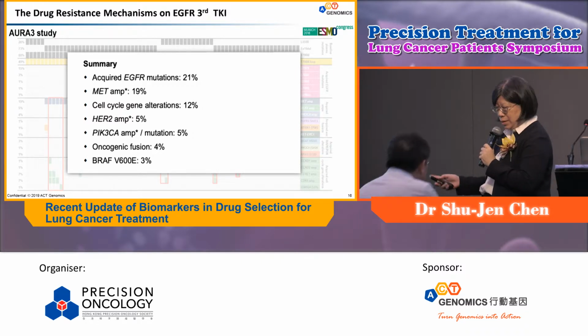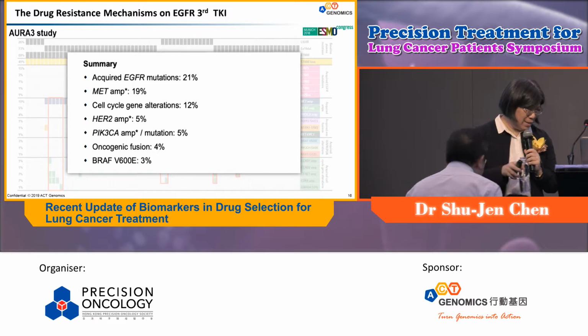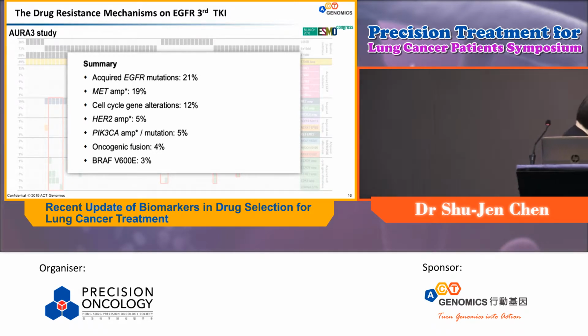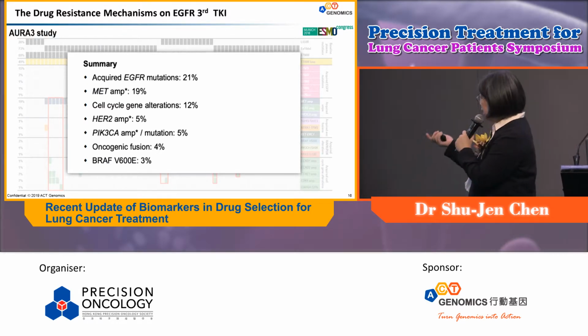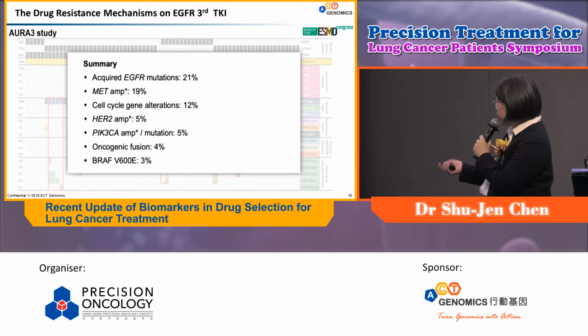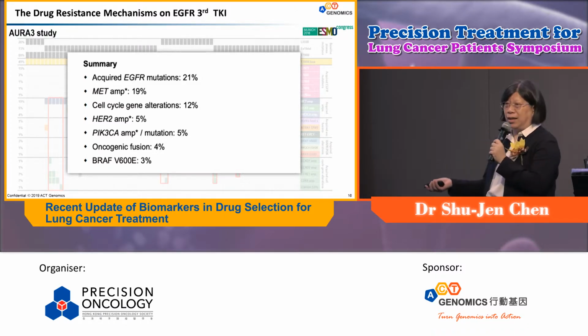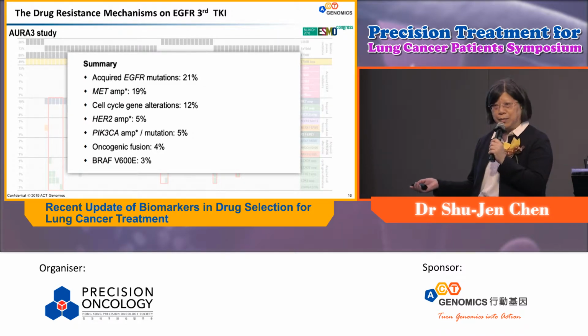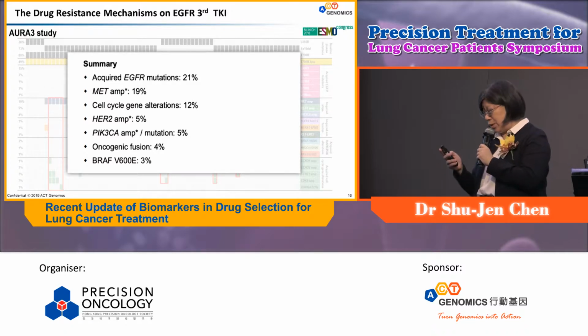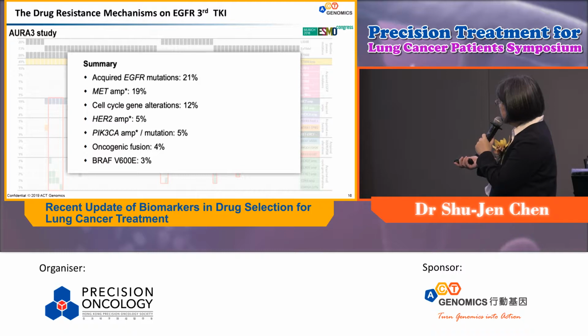And the remaining pathways are still those dominant driving pathways in non-small cell lung cancer, including HER2 amplification, PIK3 alteration, other oncogenic fusions, and finally BRAF mutation. Most of these, particularly BRAF mutation and oncogenic fusion, once you can identify the appropriate resistance mechanism, you have pretty good handling on managing these patients.